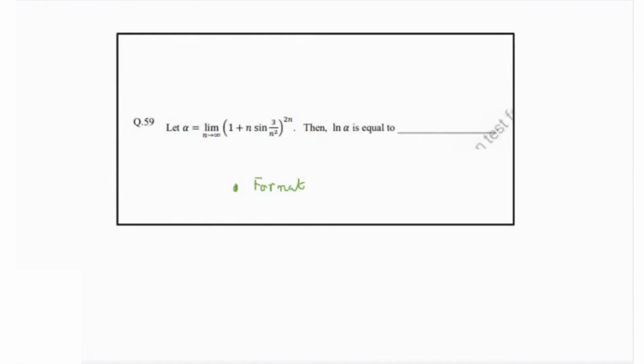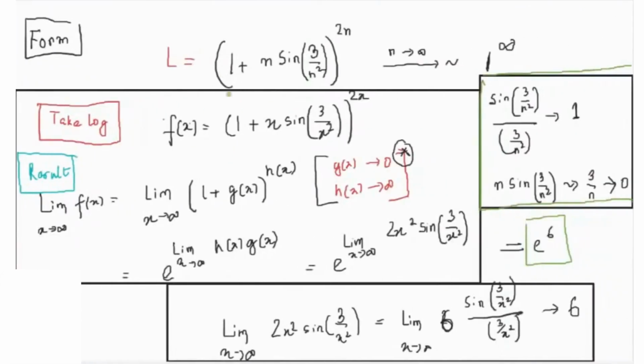So the type of the limit is the following. It's a bit cluttered over here, but focus as I scroll through the solution. If you observe that the limit is this format, first check the type.